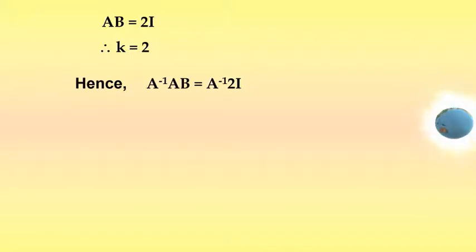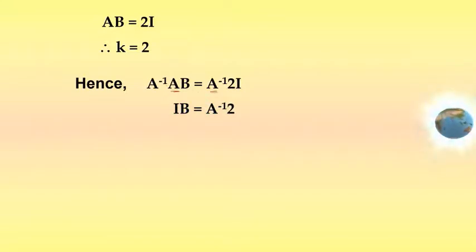You have to be careful about the location of A inverse, whether on the left or on the right of A. If A is on the left as in this one, it means that A inverse should be on the left side of A. Same as for the right hand side, it should follow the left, also on the left of 2I.